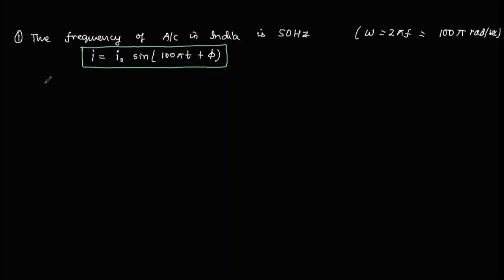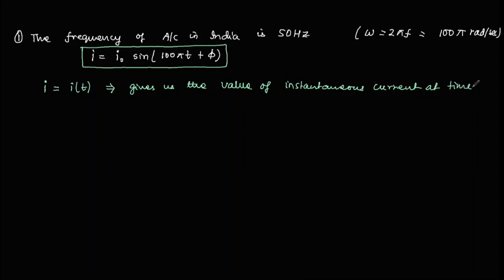The few things which are to be established: I is equal to current as a function of time, and gives us the value of instantaneous current at a time t. I naught is regarded as the peak value of current, or the maximum value of current.